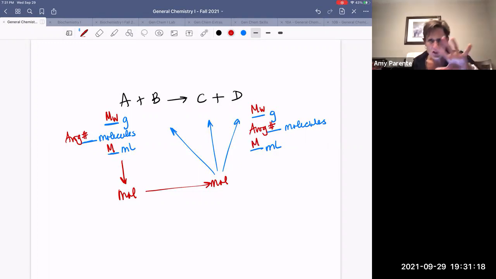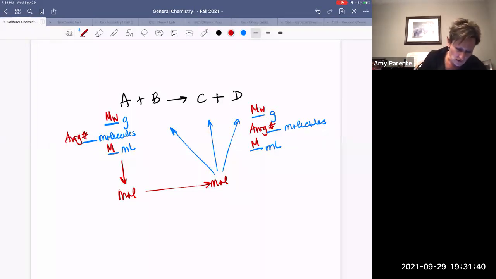So maybe you can already see from just what I'm putting here, I could have one single equation that I could probably create hundreds of different permutations of problems from. But if you see this theme, I need to walk to moles because that's the only kind of common language I have to be able to compare things. It's an apples to apples comparison.